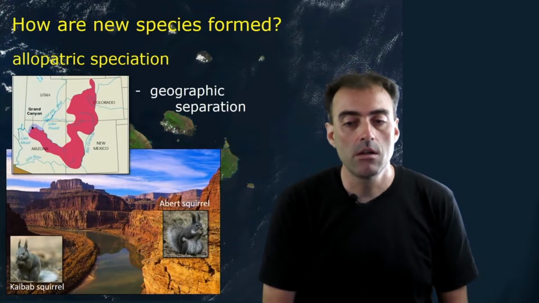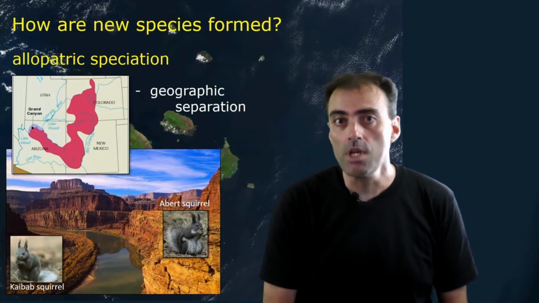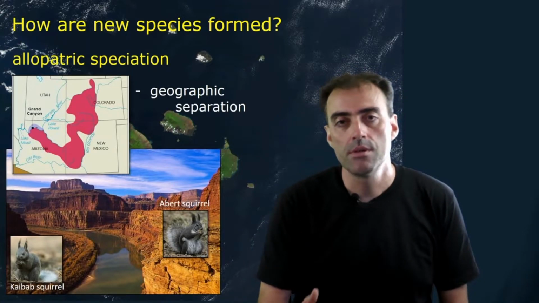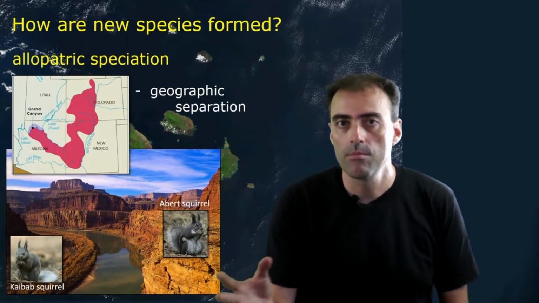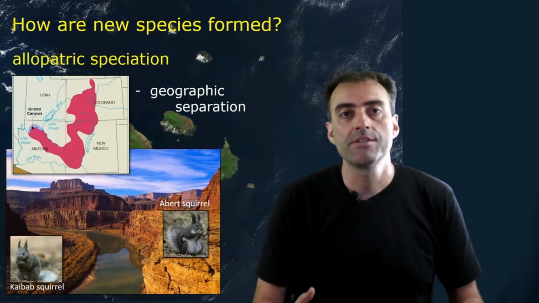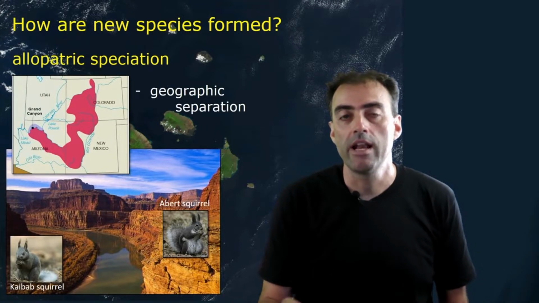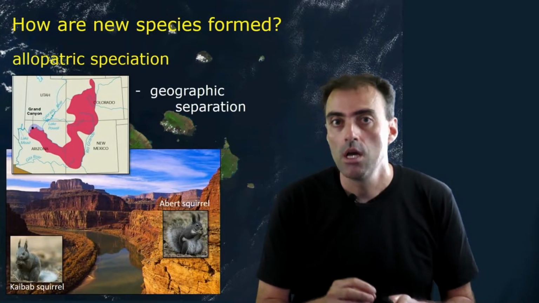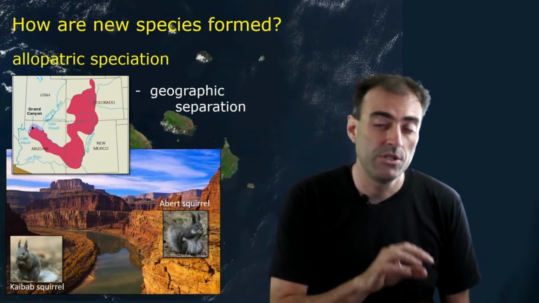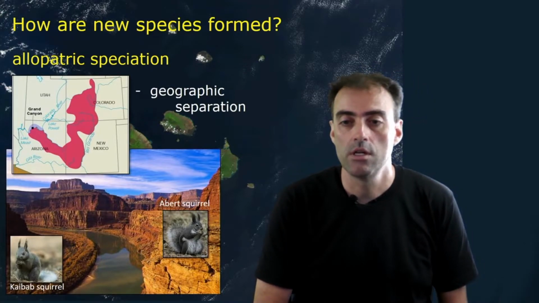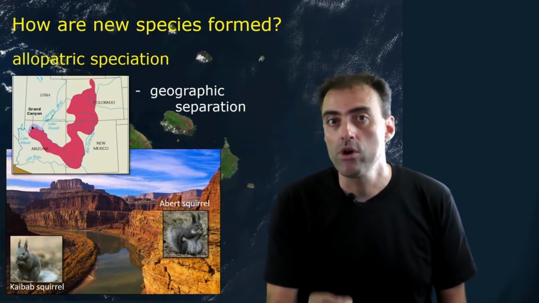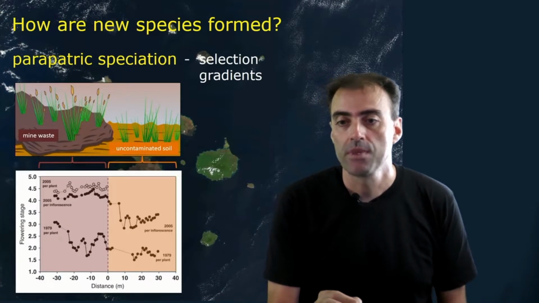They've become isolated on either side of that canyon, and over time have progressively accumulated enough changes, perhaps through adaptation to different climates on either side of the canyon, all sorts of different reasons, and they progressively diverge enough that if they do come back into contact with each other, they can no longer interbreed with each other, remembering our biological species concept that we covered at the end of the last lecture. So a geographic separation imposes or enforces reproductive isolation between populations.